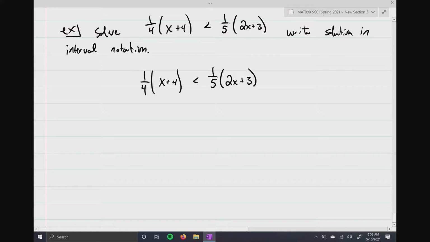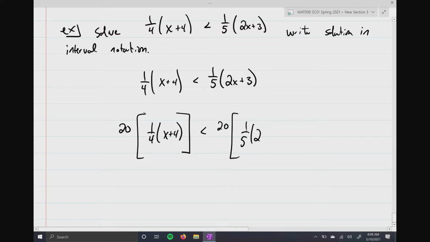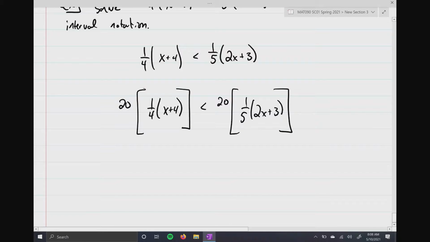So I'm going to look at the denominators, and I'm going to multiply everything by 20. Now, do me a favor and go ahead and solve that from there. I'm going to be right back.